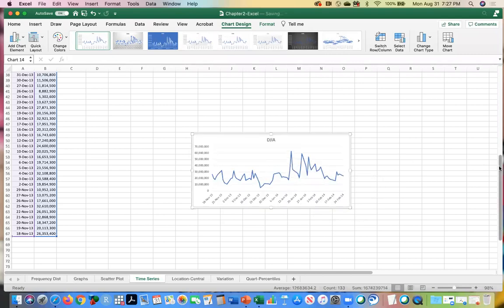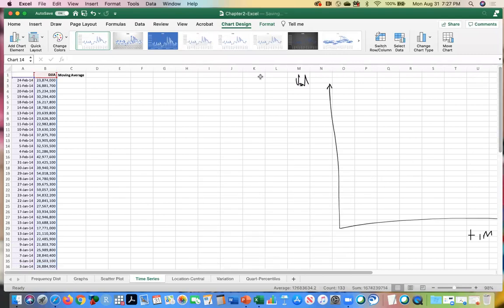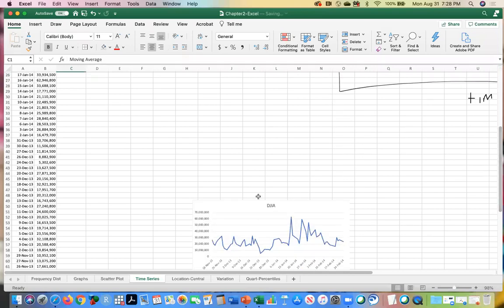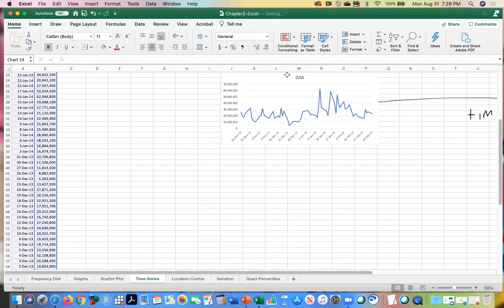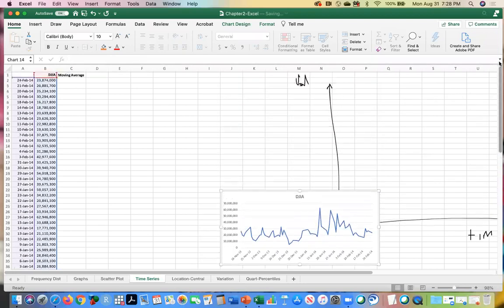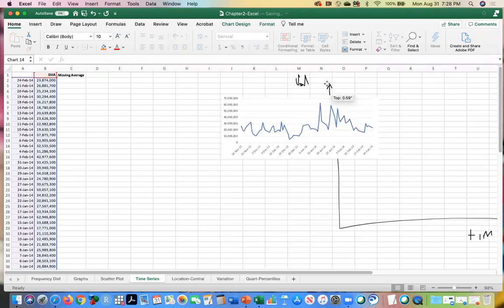So in many cases, if you are in finance, there is something that is called the moving average, or even if you are not in finance. This idea of the moving average is a very good idea because it helps me to make this line smoother.